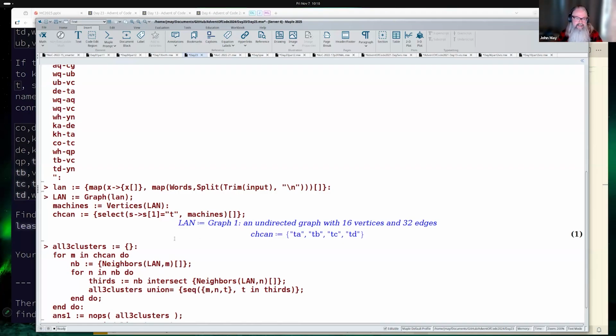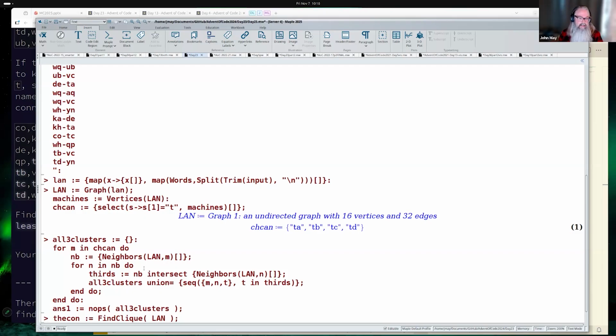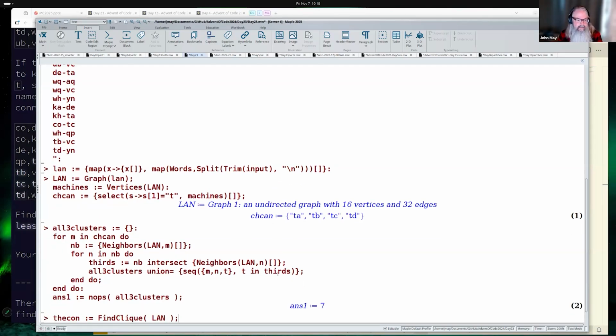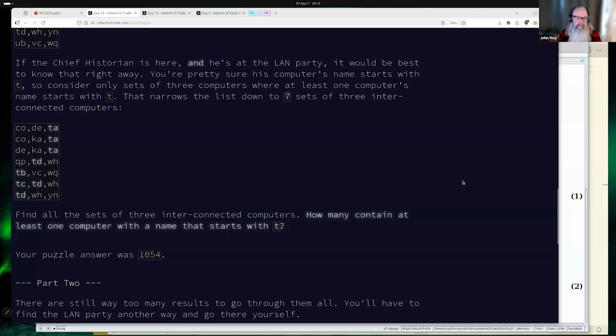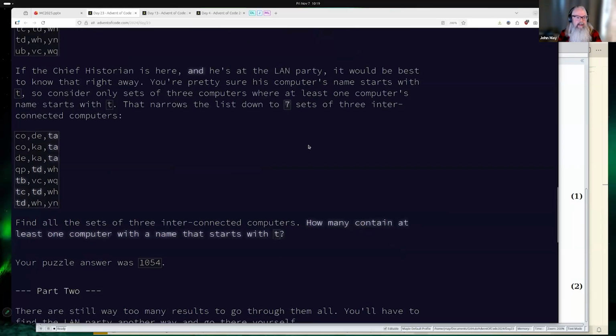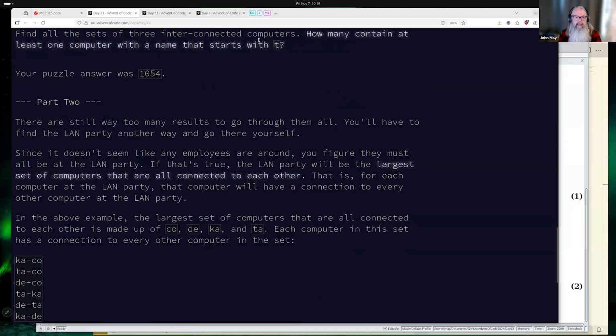Since I'm only looking at specific nodes, I can just look at the neighbors inside the graph of each of those nodes and see if there are at least 3. It's easy to find them. So that's part 1 of that problem. Part 2 of that problem, though, is that there are too many of those. There's actually a lot in the original input.